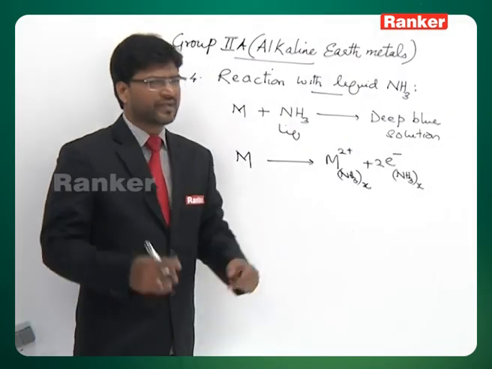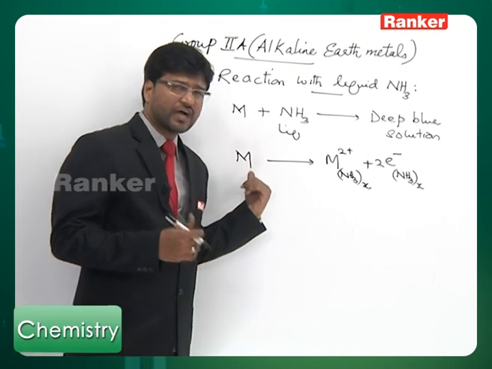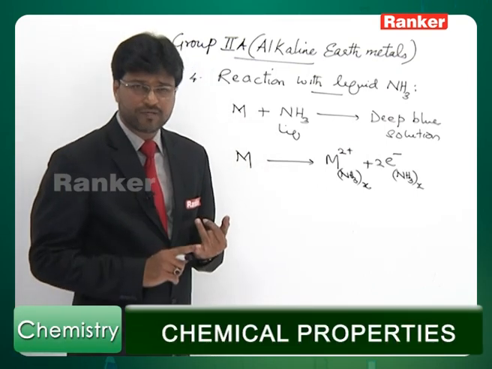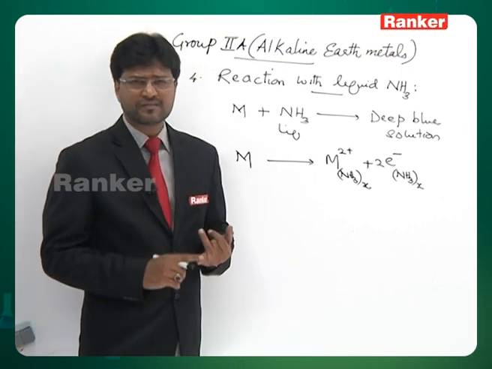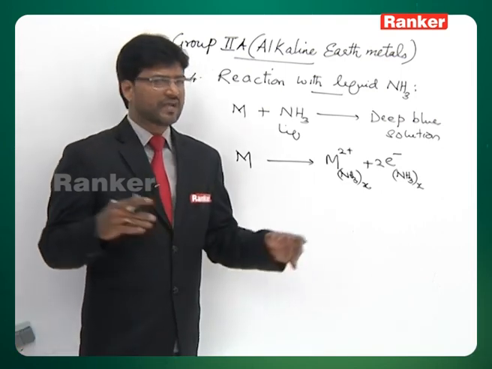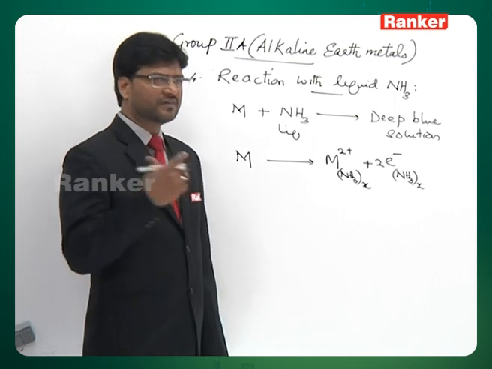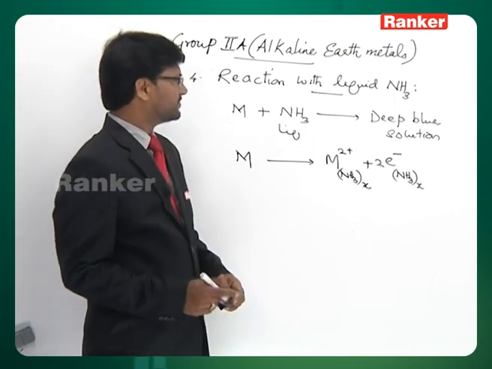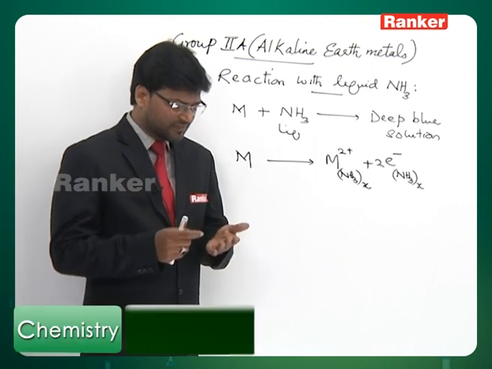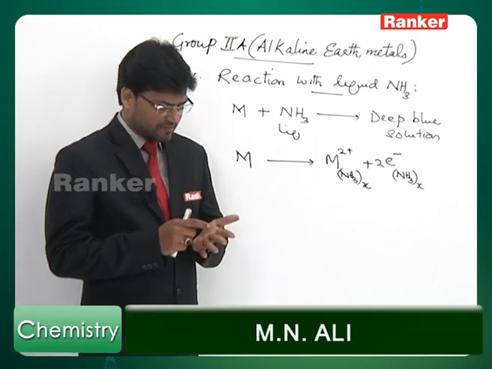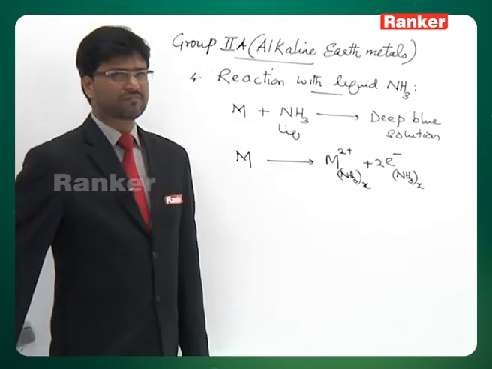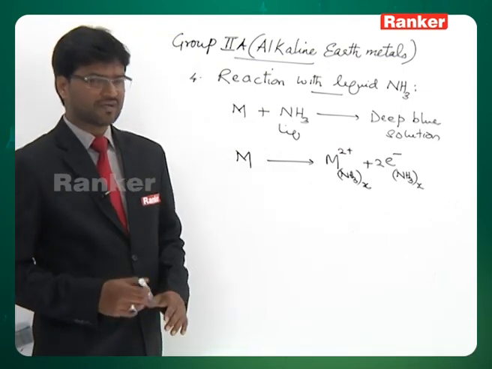So the solvation energy will compensate for ionization energies I1 and I2. Same thing, deep blue solution, paramagnetic, good electrical conductor, and will act as a good reducing agent. These are the important features of this solution. So that's about reaction with liquid ammonia. So with this we complete chemical properties of alkaline earth metals. Then we'll be talking about compounds of alkaline earth metals.